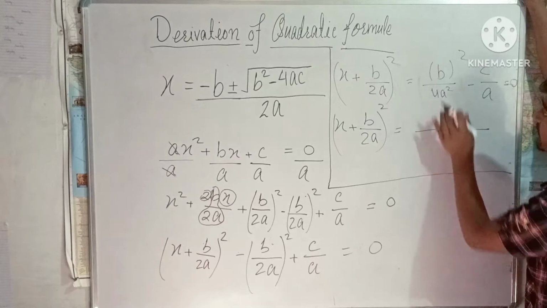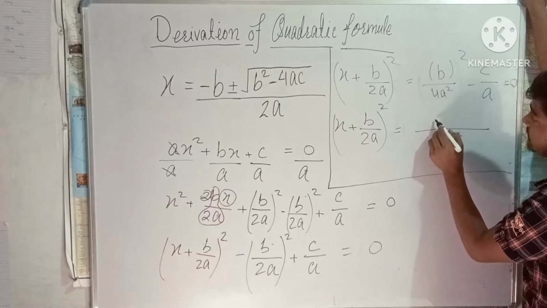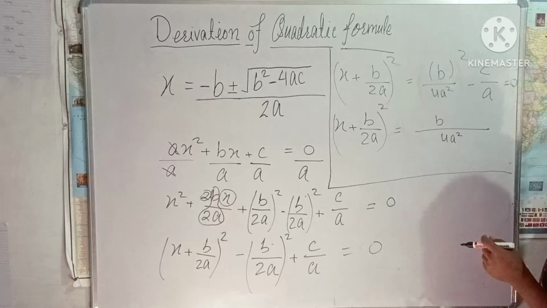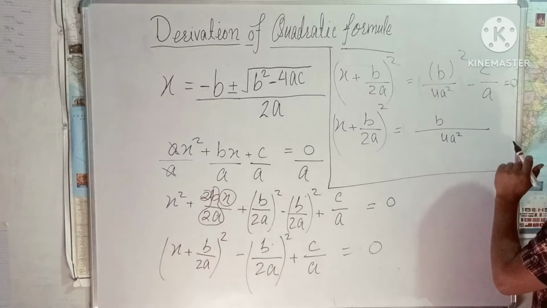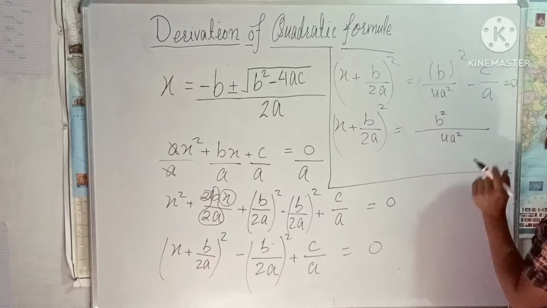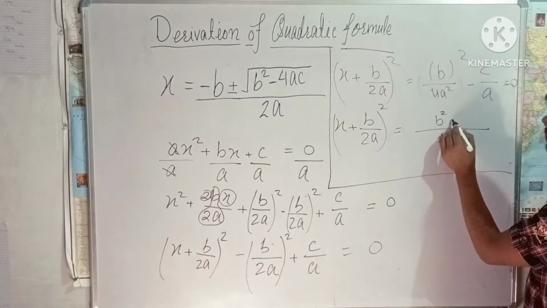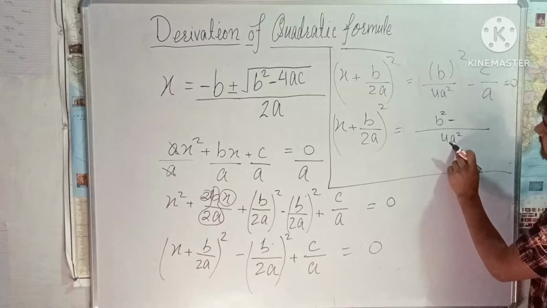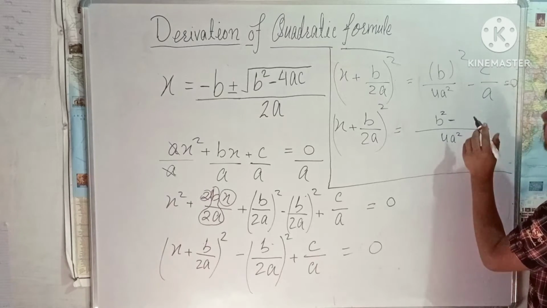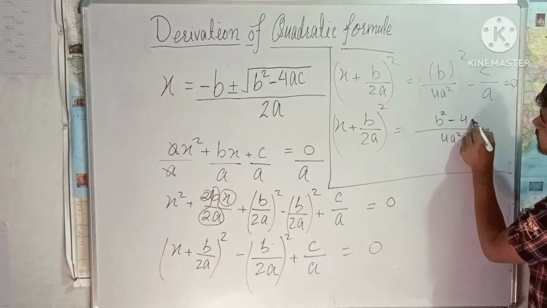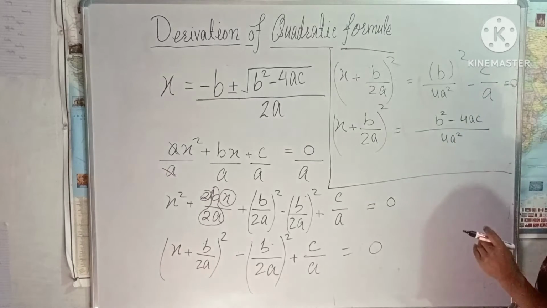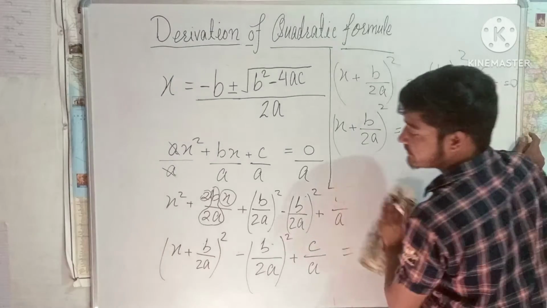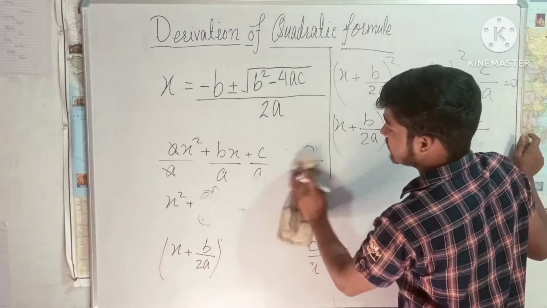Then 4a square, and the numerator will remain b square minus a into a, 1a will be cancelled out, and here 4a will remain, so 4ac. Let us erase all this.